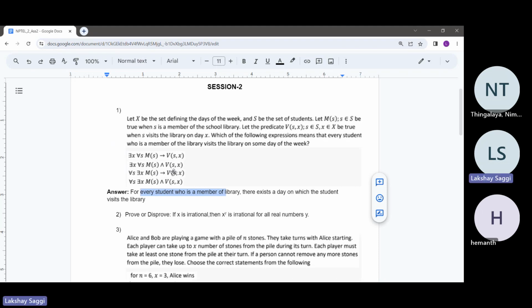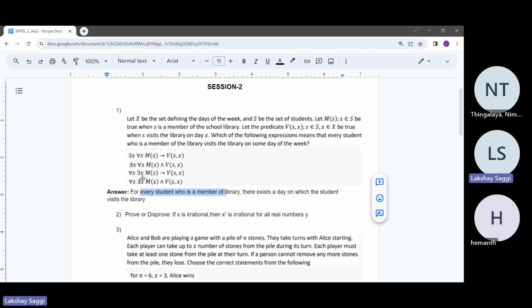So this option is saying that for all students S, there should be a day such that if the student is a member of the library, then the student should visit the library on some day X. And this is something which we wanted to say, right?